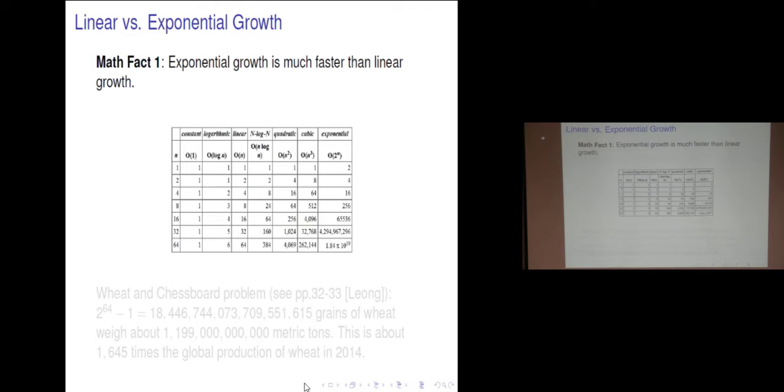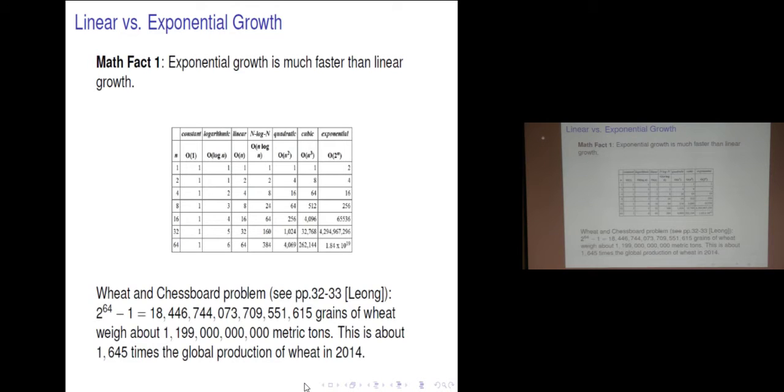Okay, I'm sure you have heard of this story, right? The chessboard and whether you use wheat or rice. You can read the story from the textbook, but roughly, there's an Indian king, and a very smart person who invented chess, and the king was very happy.